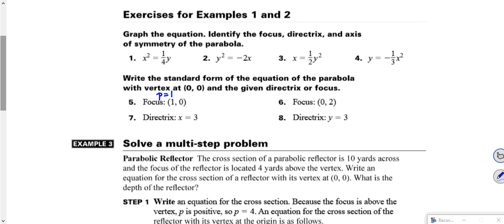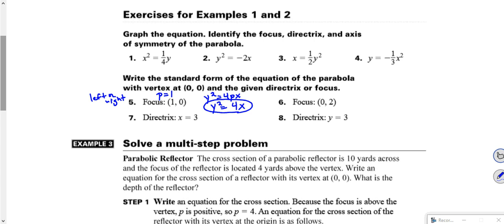If your focus is on the x-axis, then that means it's a left or right, right? So that's a y squared. So this is y squared equals 4px. So if I put 1 in for p, then y squared equals 4x. That's my equation. I hope you all understood that.